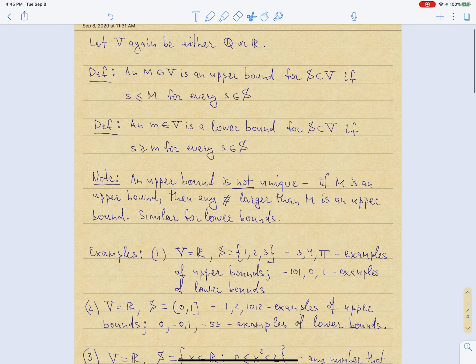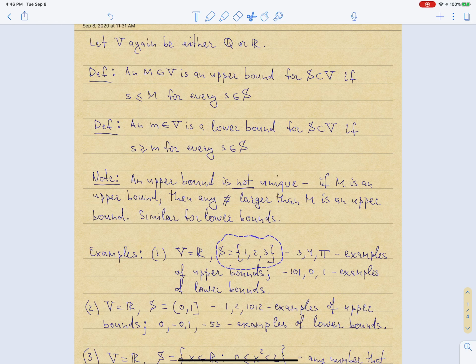Okay, so let's give a couple of examples for these concepts. Let's say we're talking about the set capital V, which is a set of all reals. And as a set S, I'm going to choose what is called a finite set, a set that contains finitely many elements. In this case, it would be just 3 numbers, 1, 2, and 3. Then clearly, this set is going to be bounded from above because the largest element here is 3.